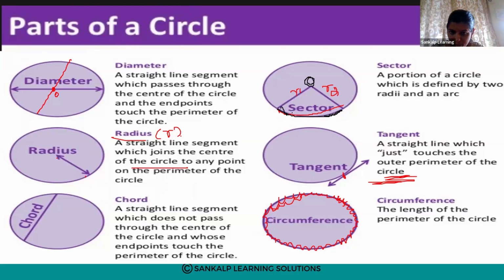Here O is the center of the circle, this is radius R1, and this is radius R2. Therefore two radii are there, and one arc is there. This part we call an arc. The portion of a circle defined by two radii and an arc is the sector. A sector is the area enclosed between two radii and an arc.